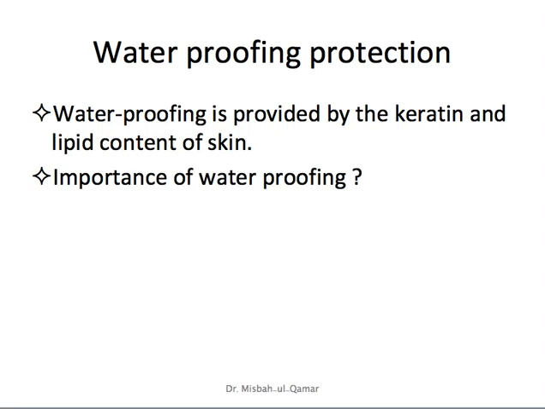So why is this waterproofing so important? You see, the protective layer's value in holding the body fluids inside becomes obvious after severe burns, because in case of a burn, the bacterial infections can occur in the unprotected underlying tissue.